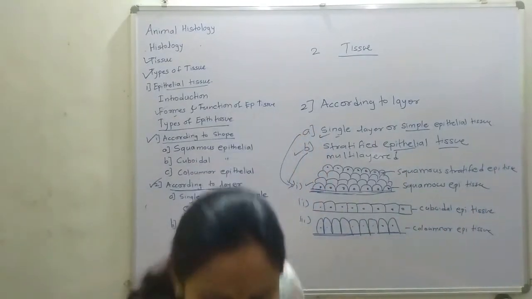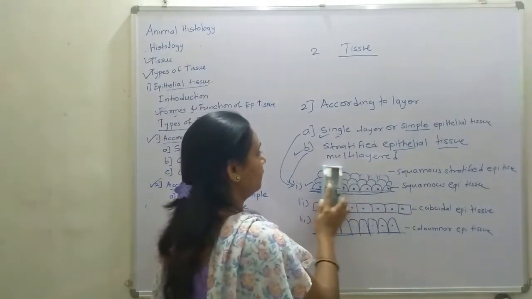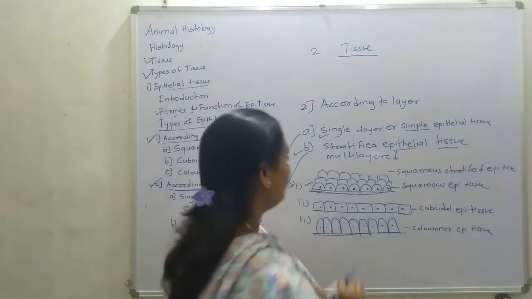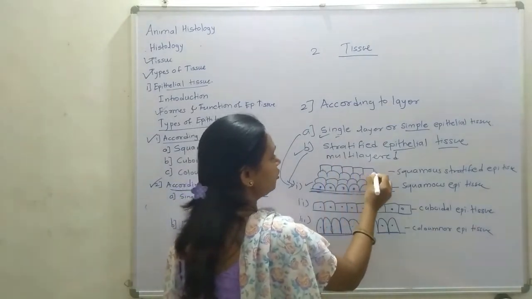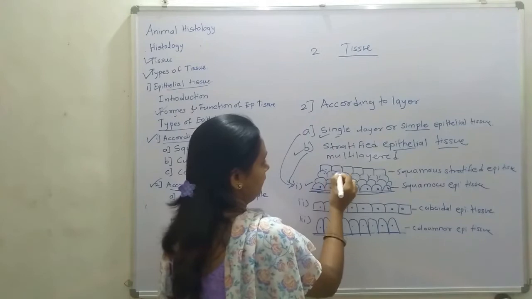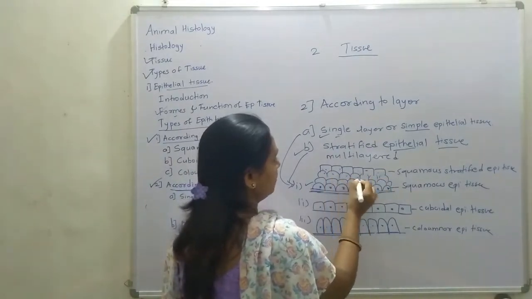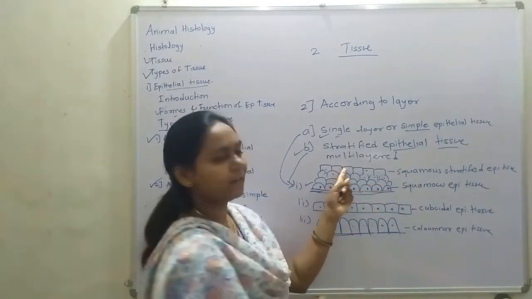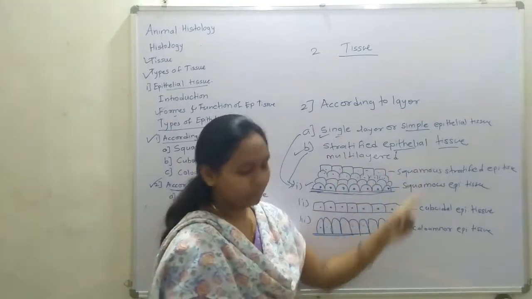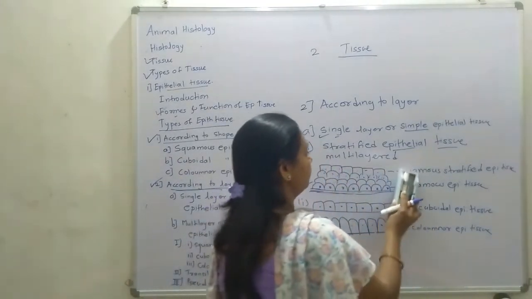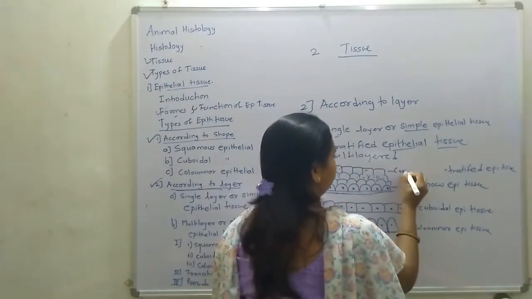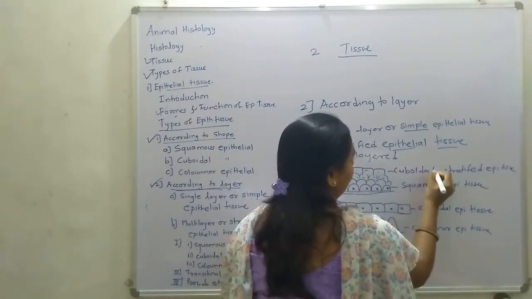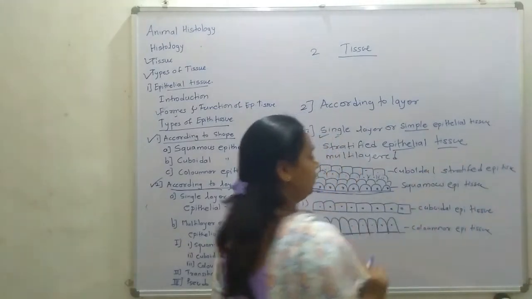If we have a cuboidal layer arranged on the squamous epithelium, what is the name of that stratified tissue? It is called cuboidal stratified epithelial tissue.